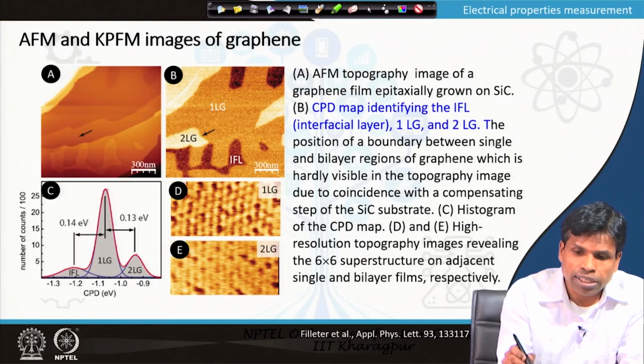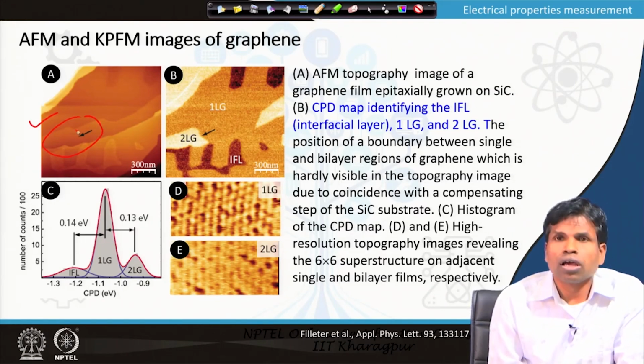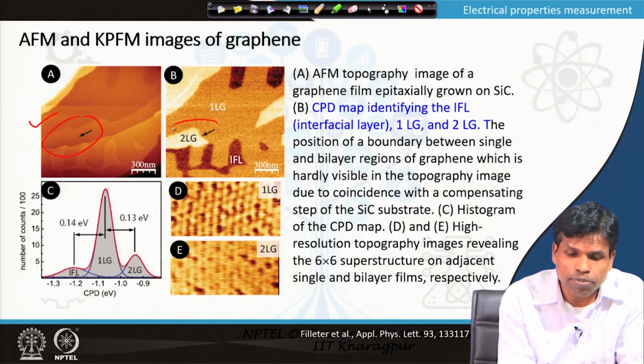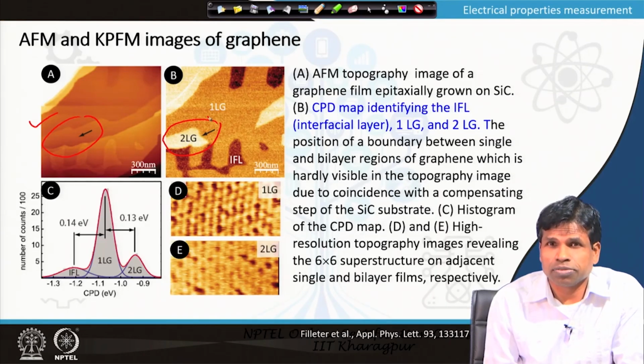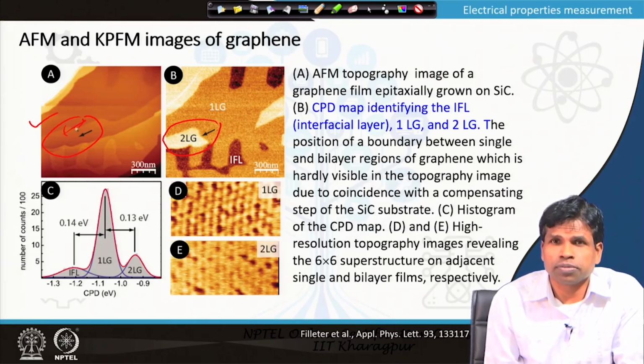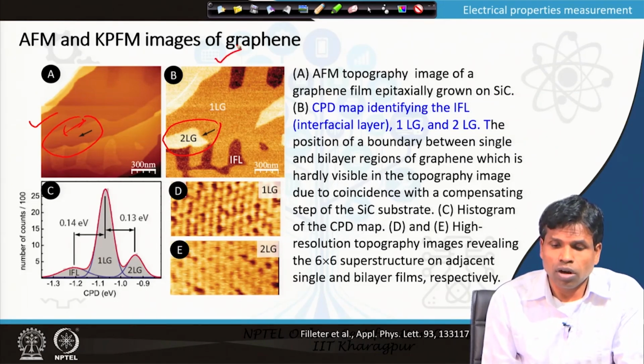In the topography image we see some contrast difference, but in this region where the arrow is given, we do not see any topography difference, because there is no height difference. But in the Kelvin force microscopy, the same region shows a complete contrast difference, indicating that there are actually two different materials present in this region. That contrast difference is due to the electrical properties of the sample surface, which can only be achieved with Kelvin force microscopy, that is, contact potential map measurements.